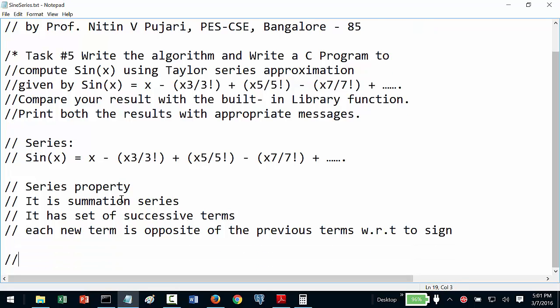Then let us look at the value of x. The value of x is accepted in degrees for convenience and converted to radians.